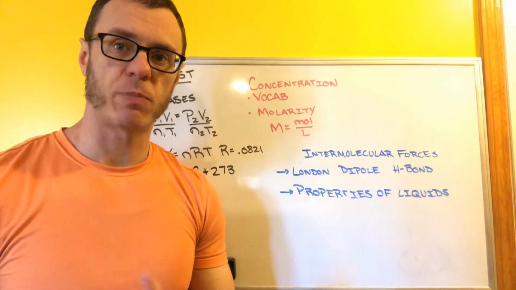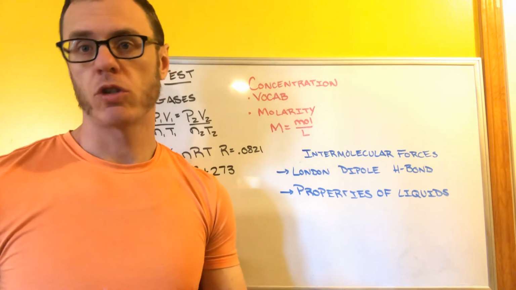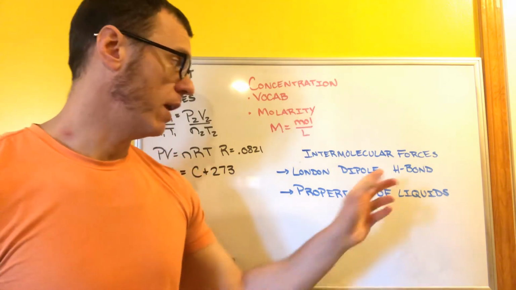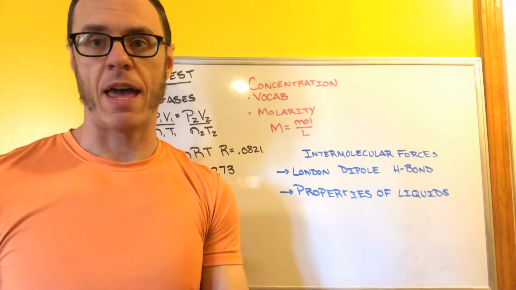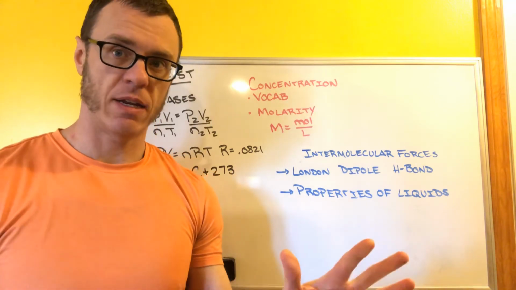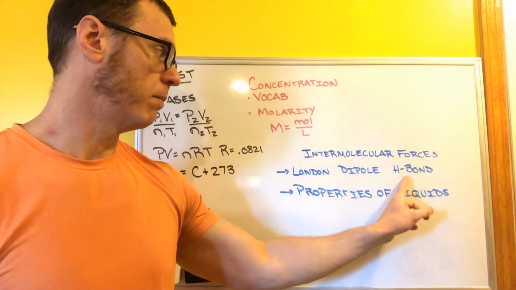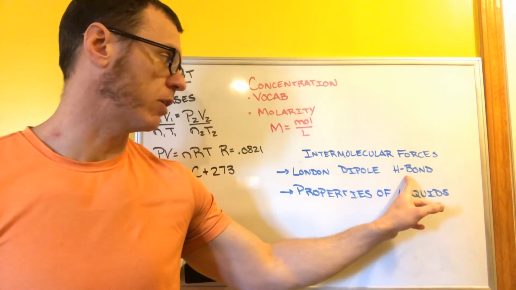Hydrogen bonding is a bit of a special circumstance. It's when hydrogen is bonded to F, O, or N. So the way that I think about it is hydrogen bonding is fun. But hydrogen has to be directly bound to O, F, or N. If there's hydrogen in it and oxygen in it, but they're not connected, there's no hydrogen bonding. So it's why water has an absurdly high boiling point for the size of molecule that it is.